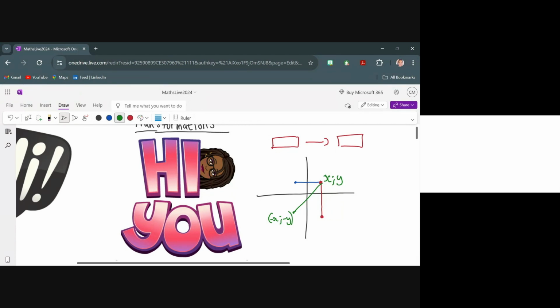I can increase them by like 2. I can take my x and my y and turn them into 2x and 2y. Or I can take my x and my y and change them to negative 4x and negative 4y. Okay, but we're looking at transforming things anywhere on the Cartesian plane.